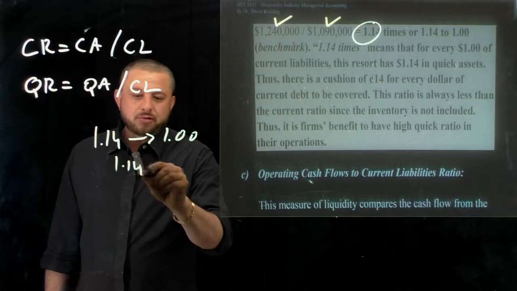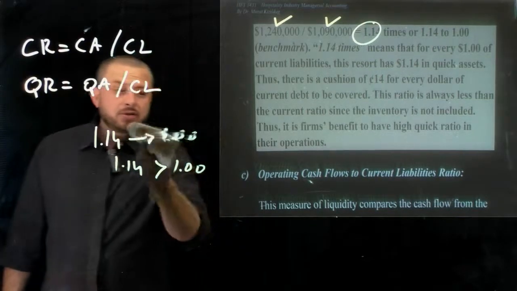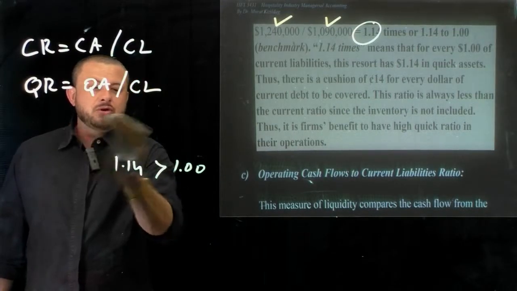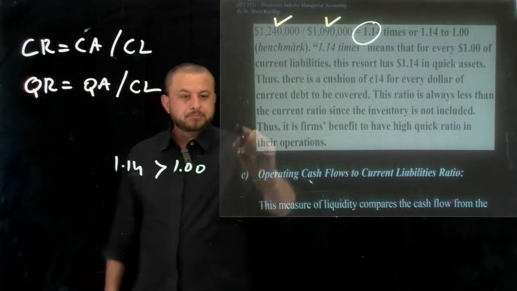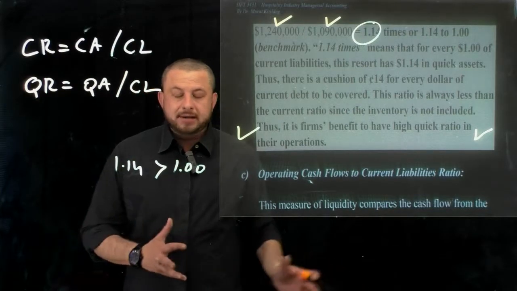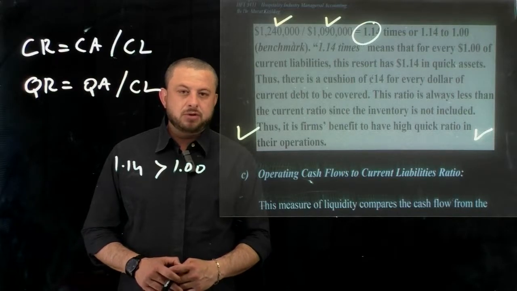Clearly, 1.14 is greater than 1, okay? So is that a good thing? Of course it's a good thing, because just like in the current ratio, as a decision maker, as a company, you want your quick ratio to be higher than the benchmark, because it is your financial benefit in terms of liquidity.